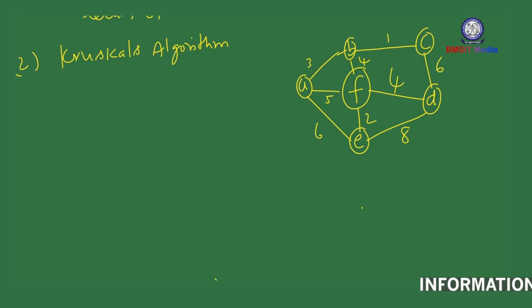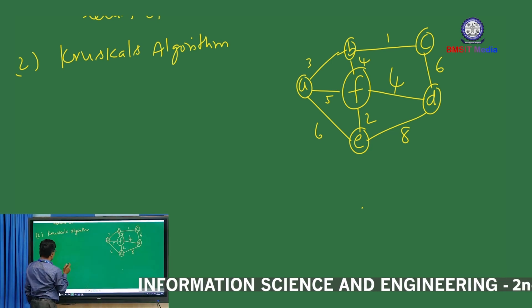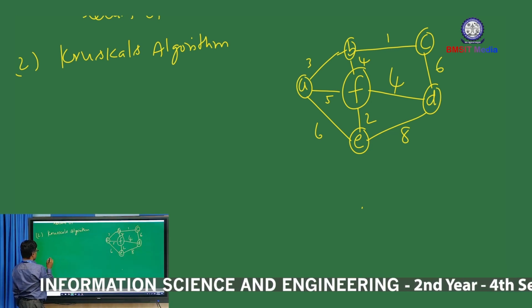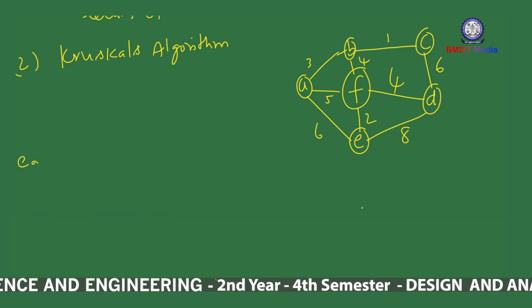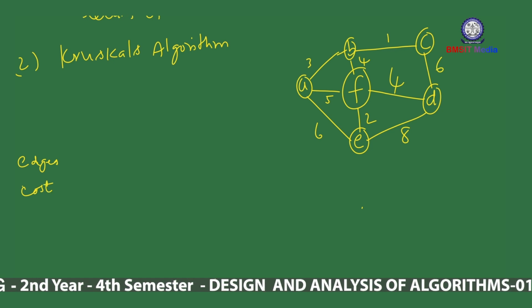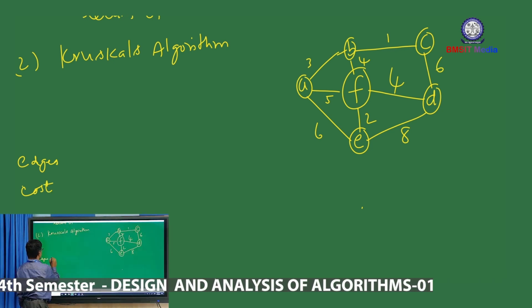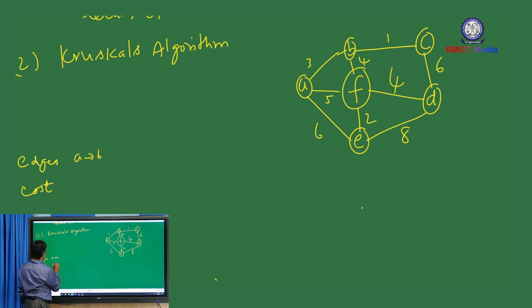Now this is very simple. The first step is to write all the values. I will write edges and cost. Edges: A to B is 3.